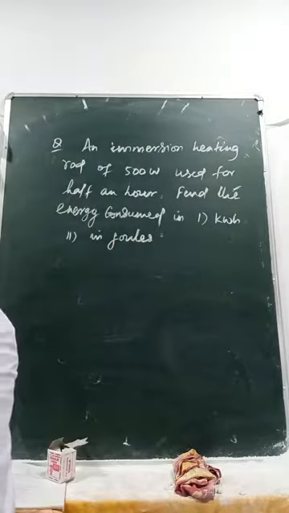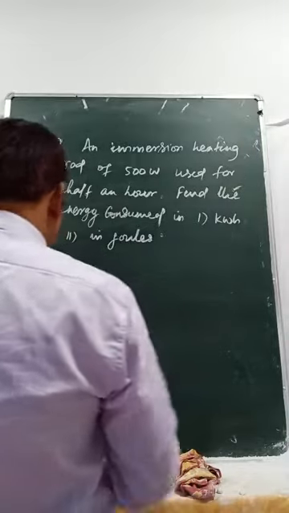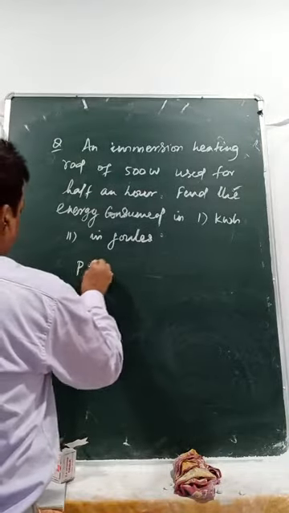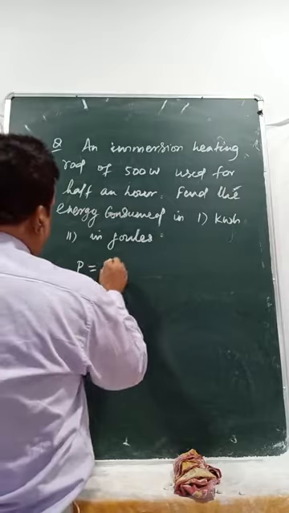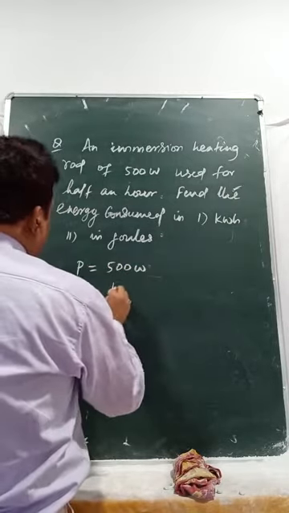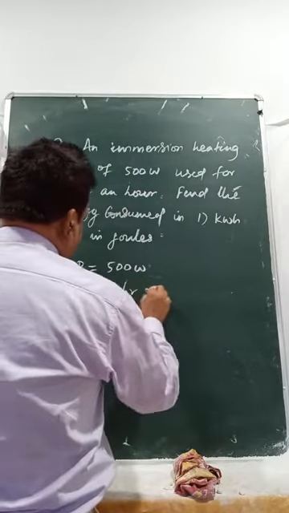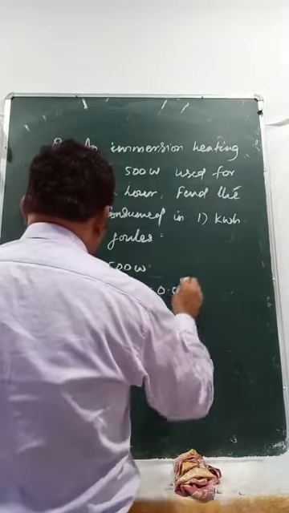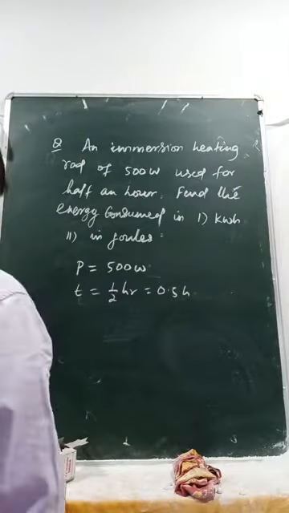Okay. So power is given, 500 watt, time is half an hour, which means 0.5 hour. Got the point?